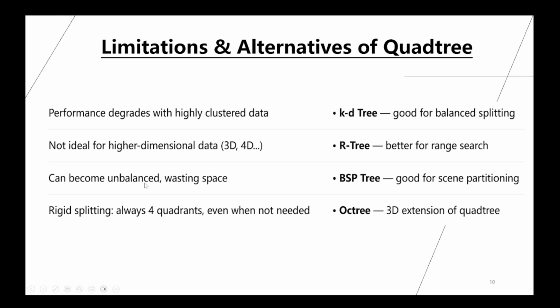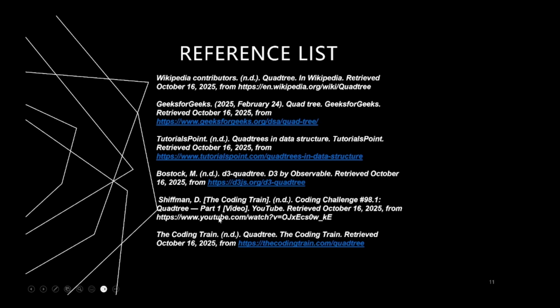It can become unbalanced, wasting space, but this is actually a common problem of any kind of tree. And rigid splitting, always 4 quadrants, even when not needed. I don't think this is a true problem, because we can just not create a node if it's not needed. So it's not a true problem here.